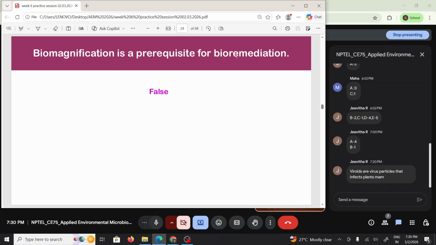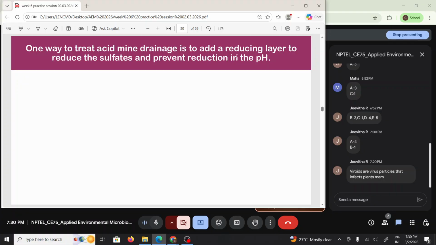In the meantime, the next question is, again, a true or false question. One way to treat acid mine drainage is to add a reducing layer to reduce the sulfate and prevent reduction in the pH. Is this true or false? This is just an application oriented question.